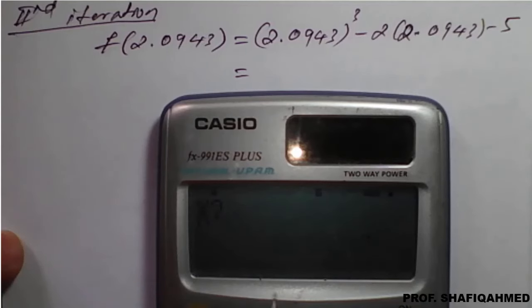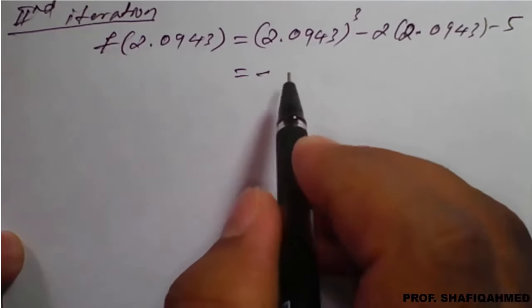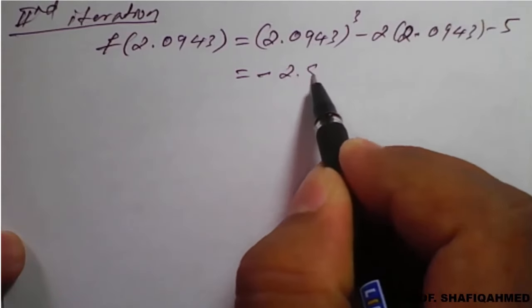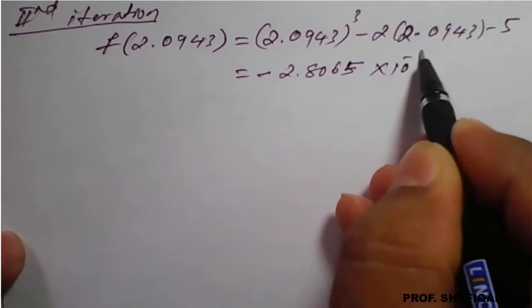Go for the calc option. Just put the value here, 2.0943, equal to sign. What answer is it coming? That answer we have to take. So the answer we got here is minus 2.8064, I will take 4 decimal places, into 10 raised to minus 3. So we got minus 2.8065 into 10 raised to minus 3.